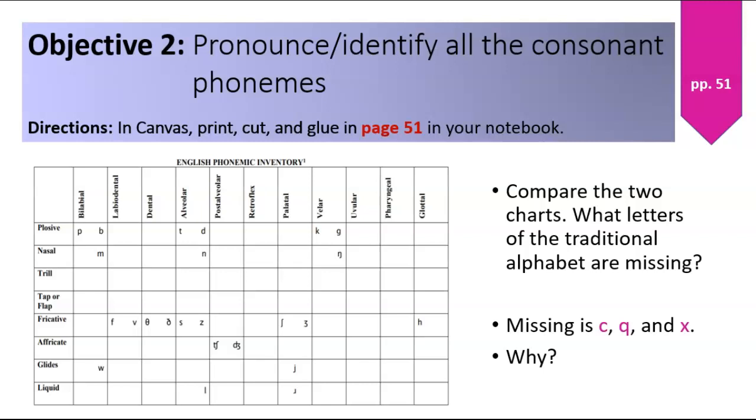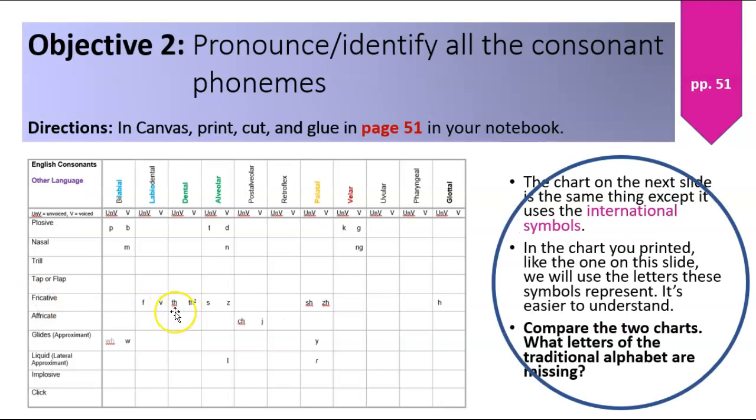For example, you'll notice under dental and fricative, there's a theta. And that's the international symbol for the TH. Now compare what letters are missing. Sing the alphabet song, take the vowels out, but what other letters are missing? Pause.